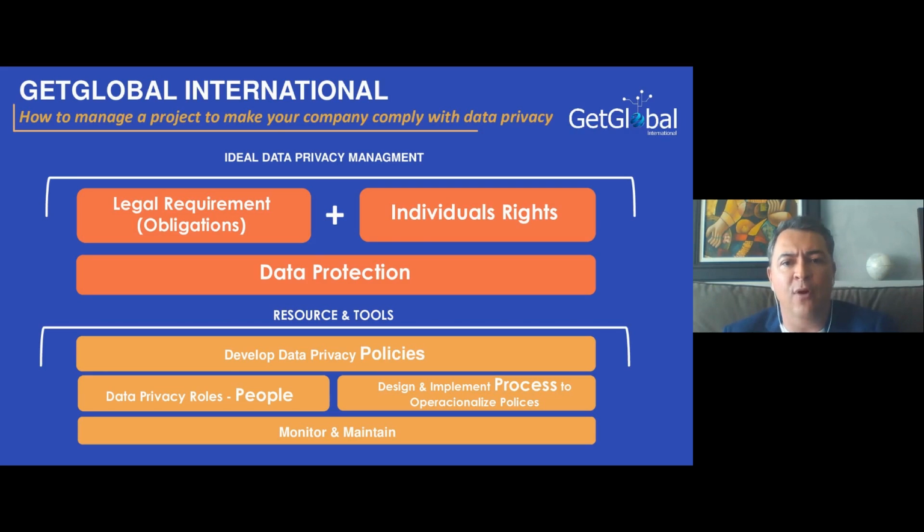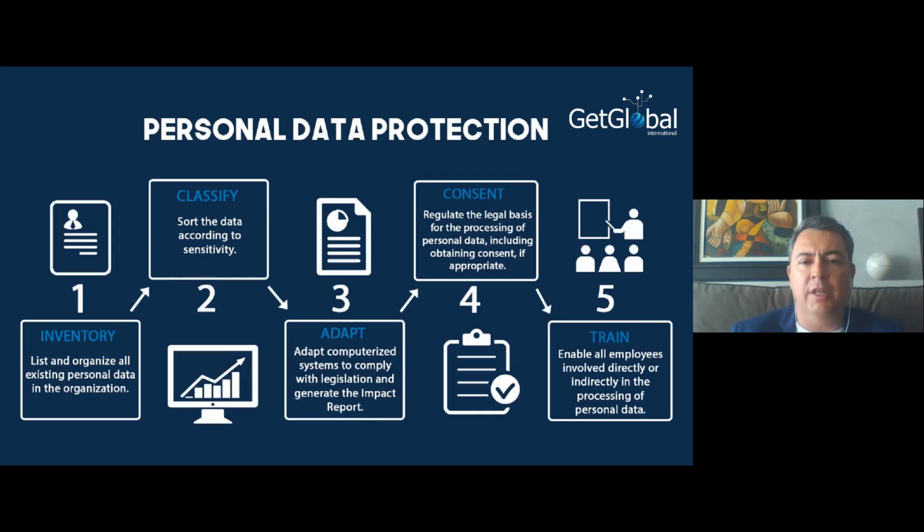They will have to follow procedures to monitor if the company is following those policies. So the policy is pretty much where we are going to have all these things that are extremely important for any company to comply with any data privacy law. And how do we do that?